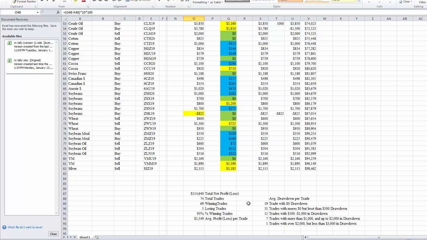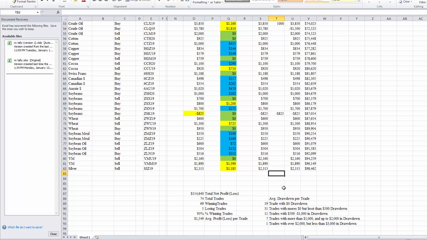We looked at this and said, well, okay, you put on a trade and you have your stop loss right away and your target right away, no question, even before you put on the trade.